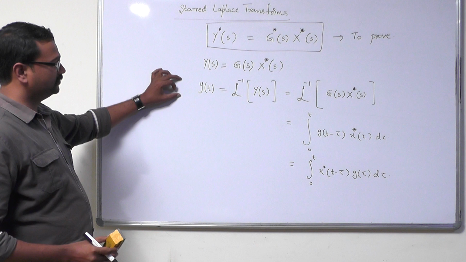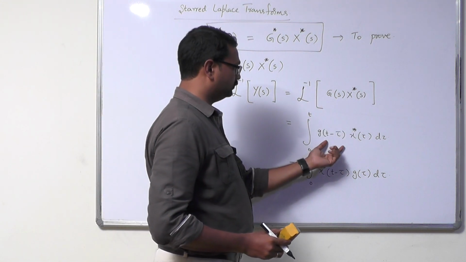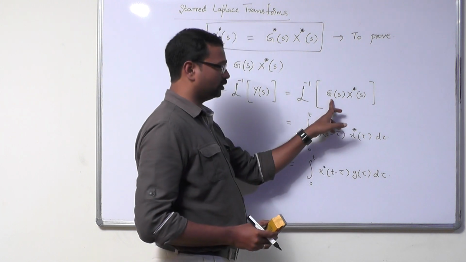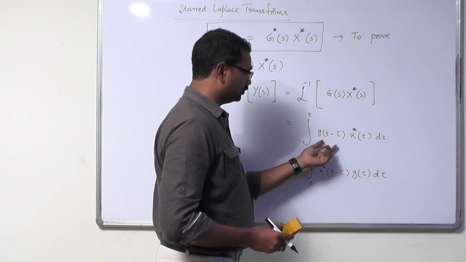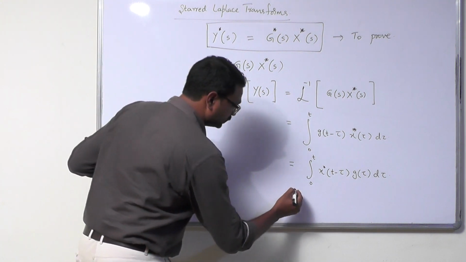So when you apply the inverse Laplace transform to the product of G(s) and X*(s), you get these signals.